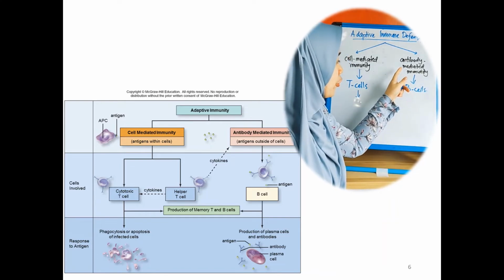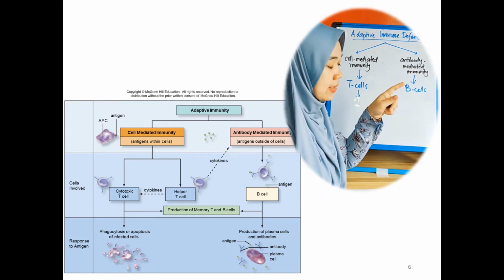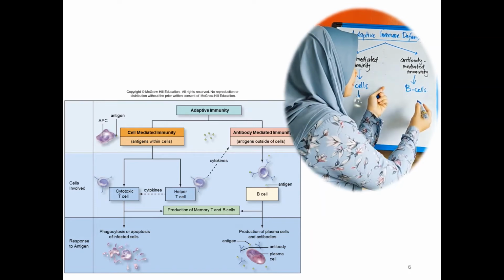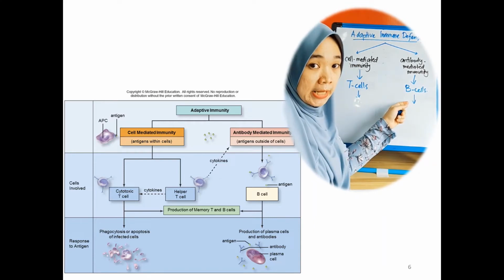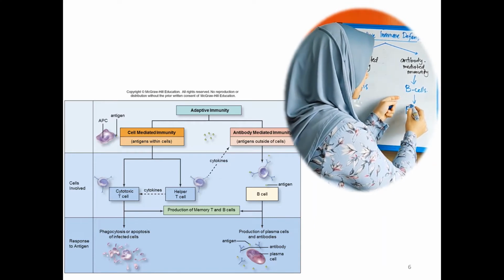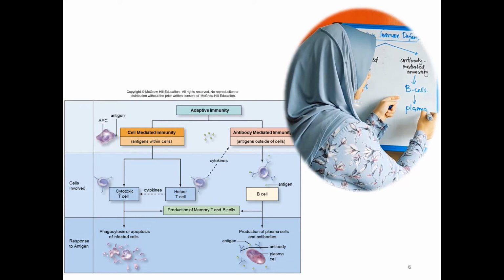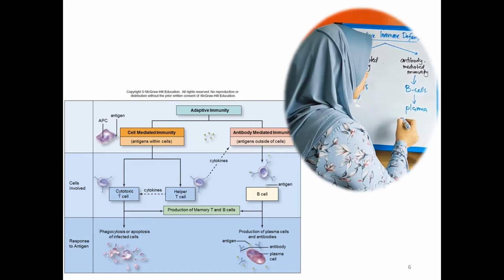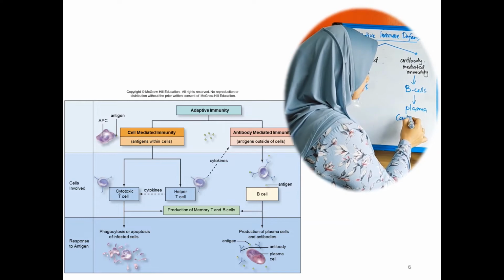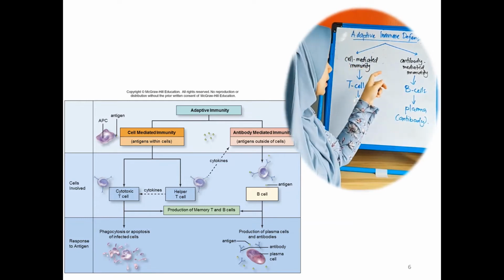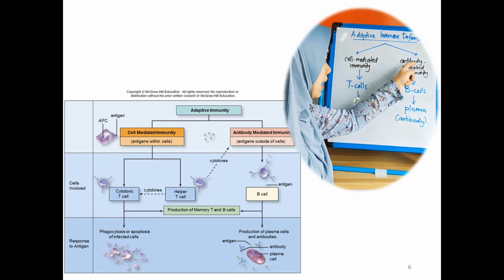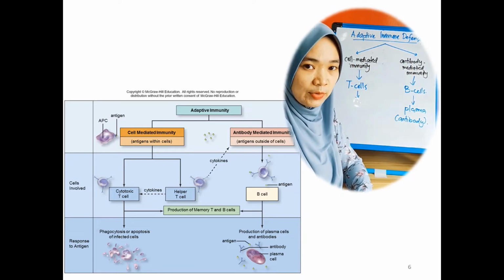Meanwhile, for antibody-mediated immunity, the B cells will induce the production of plasma cells that later will secrete antibody. That's why the names are cell-mediated and antibody-mediated immunity.